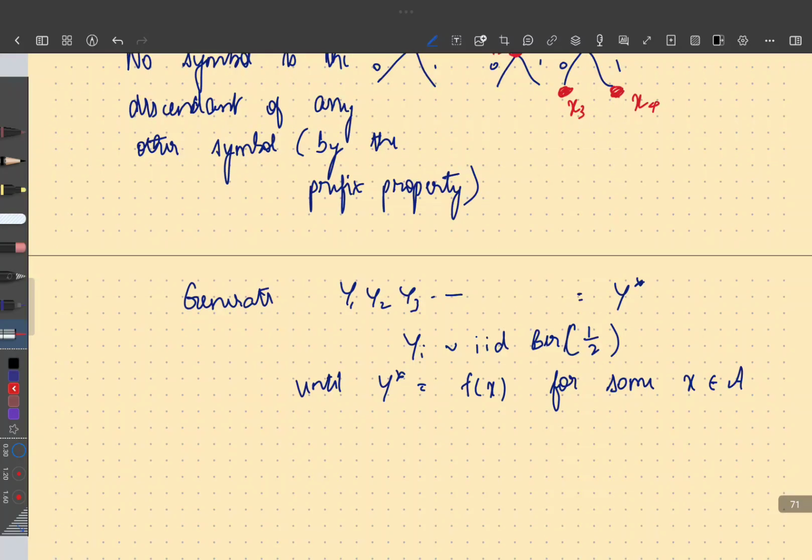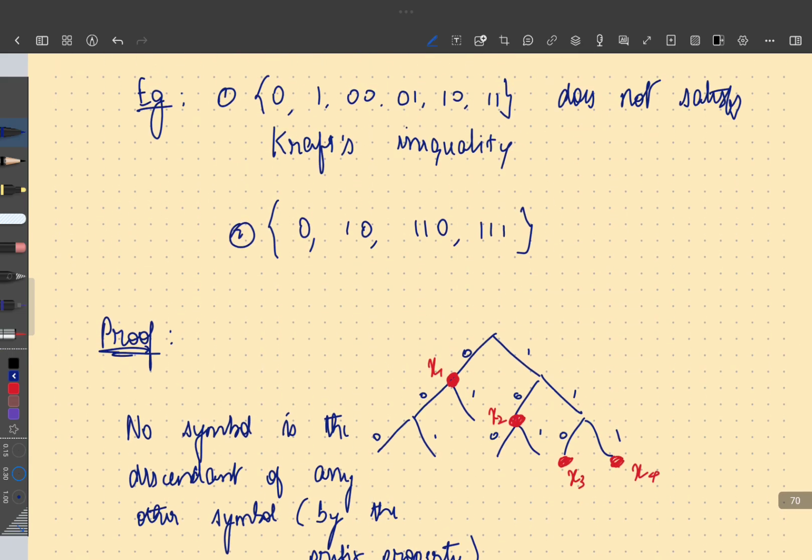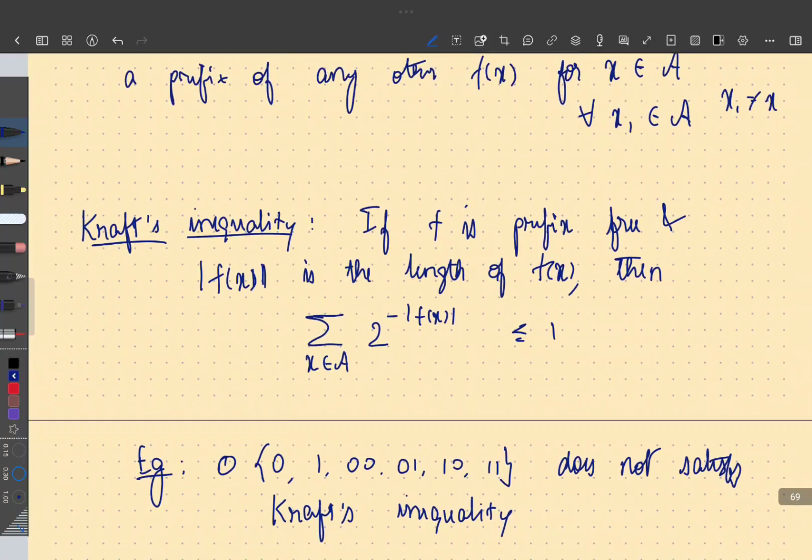Okay. So what is the probability that y star is equal to f of x for any particular x? Correct. So 1 by 2 whole to the power length of f of x. So it is just 2 to the minus length of f of x, right? Which is exactly the quantity that I have over here.